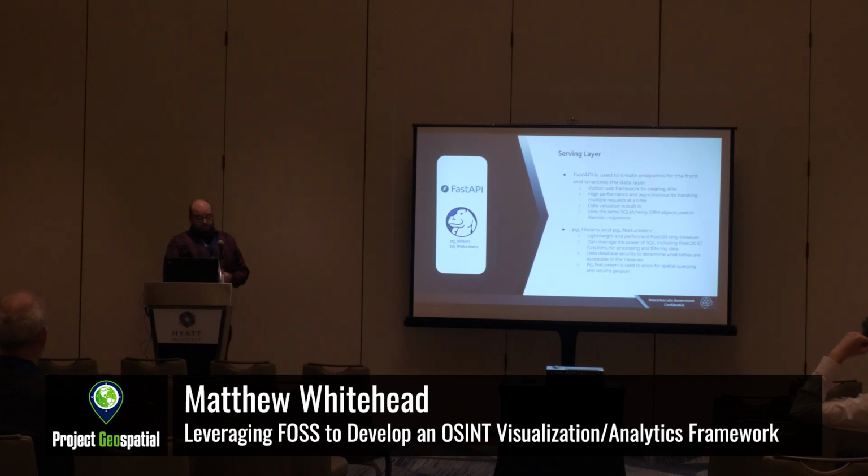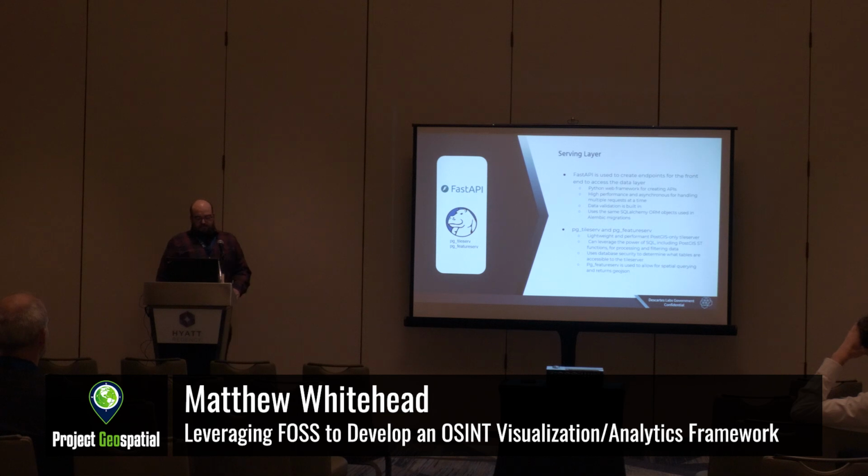So for the serving layer, we're using FastAPI. It's really easy to get up and running with this. It's a Python web framework for creating APIs. What we like about it is that it's high performance and asynchronous, so we can handle multiple requests.